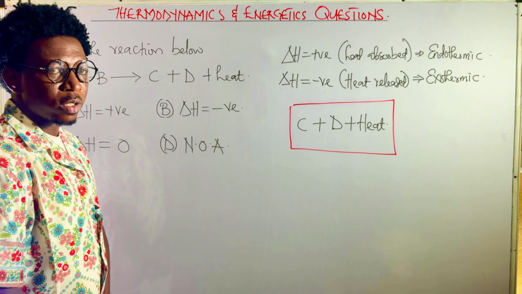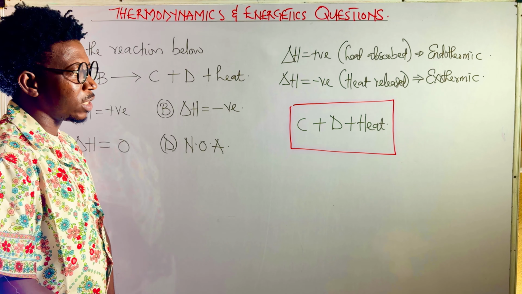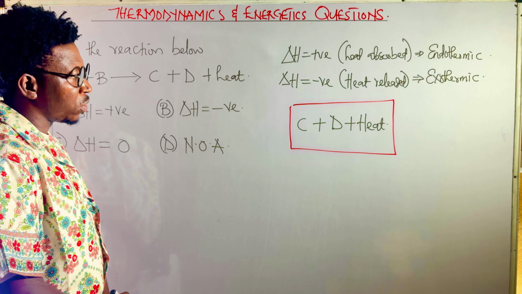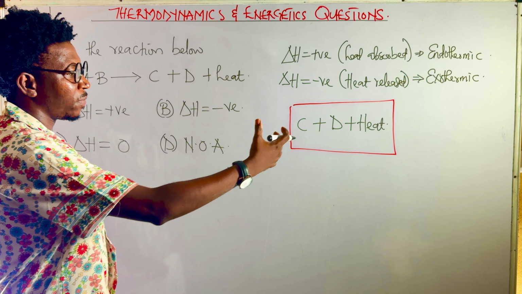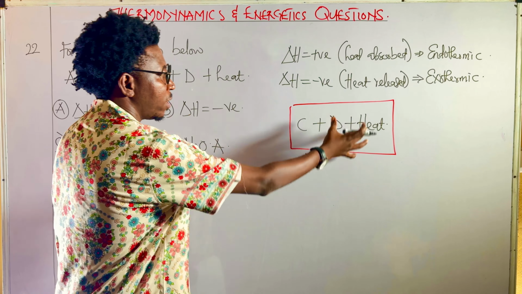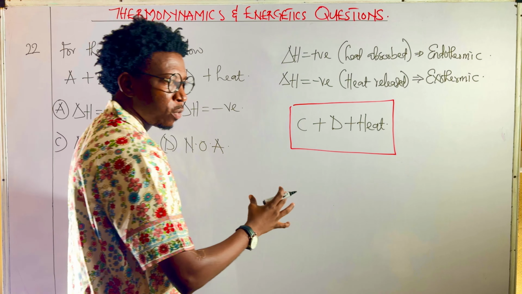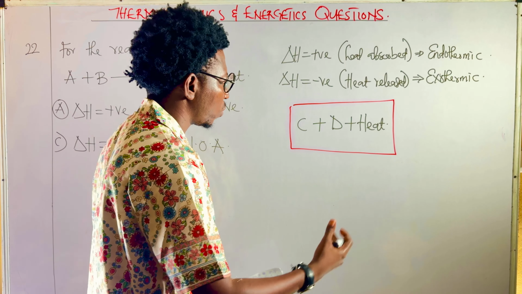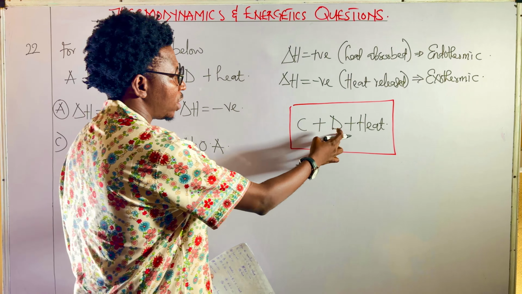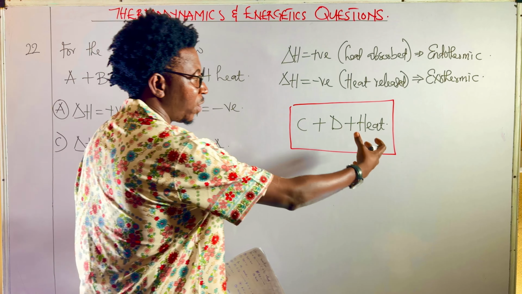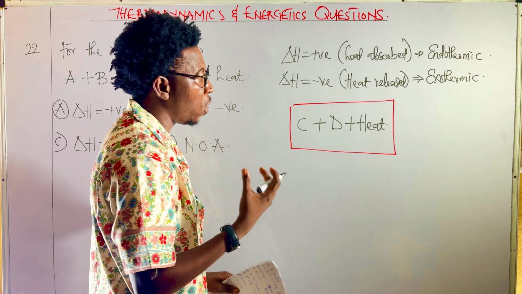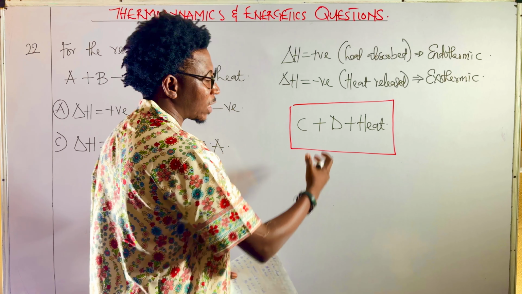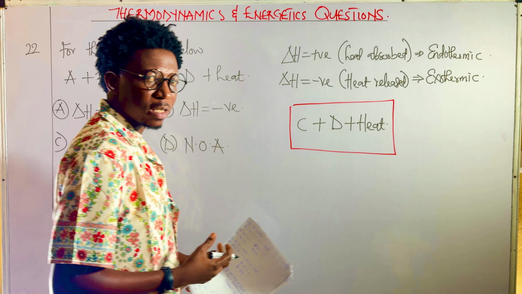Now, it shows that heat is associated with the product. So if this is a container where the reaction occurs, the product is formed after the reaction. So after the reaction, C plus D is formed. If I feel this container, it will be hot. Why? Because heat is produced with the product.